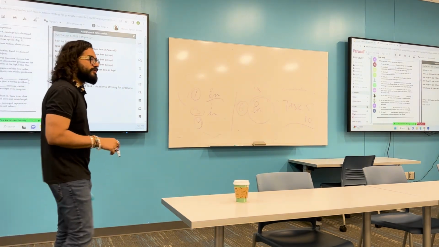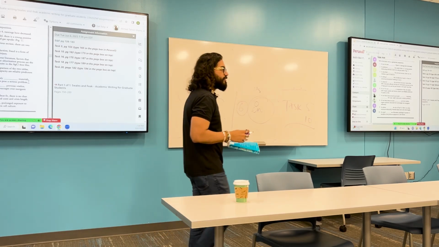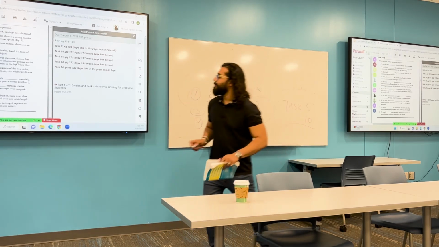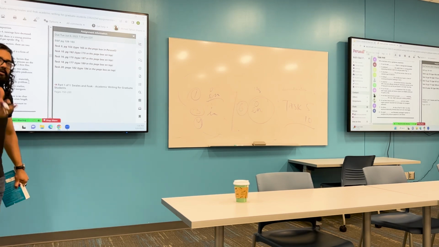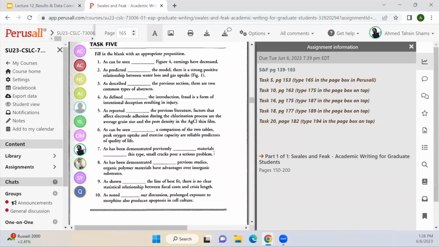Oh, you're comparing, so it shouldn't be from a comparison. Comparing with comes later, not before comparison. We also use with after compare as a verb. But before, it's as can be seen in. Seen is the verb based on which we are putting in.